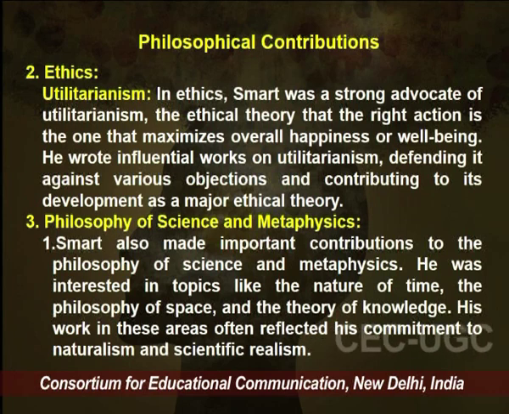Philosophy of science and metaphysics. Smart also made important contributions to the philosophy of science and metaphysics. He was interested in topics like the nature of time, the philosophy of space, and the theory of knowledge. His work in these areas often reflected his commitment to naturalism and scientific realism.